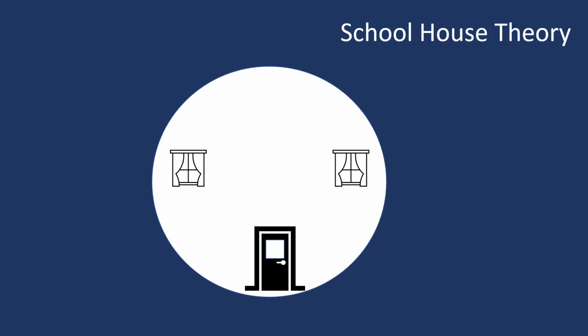So the schoolhouse theory. If you were to ask teachers of these schools, where is the most purposeful learning occurring at the school? What they're asking is, do you think these kids are going to get a better influence inside the classroom or outside the classroom?